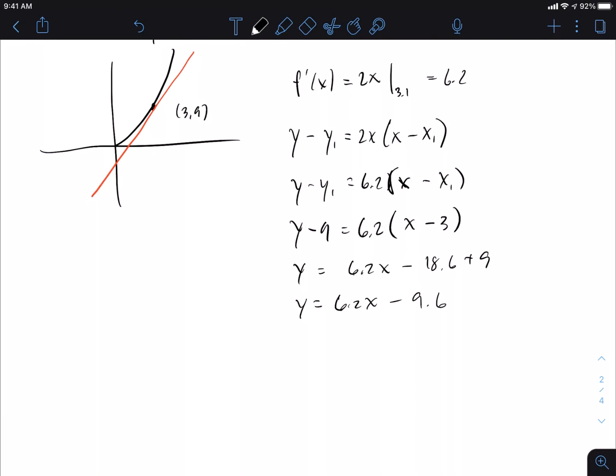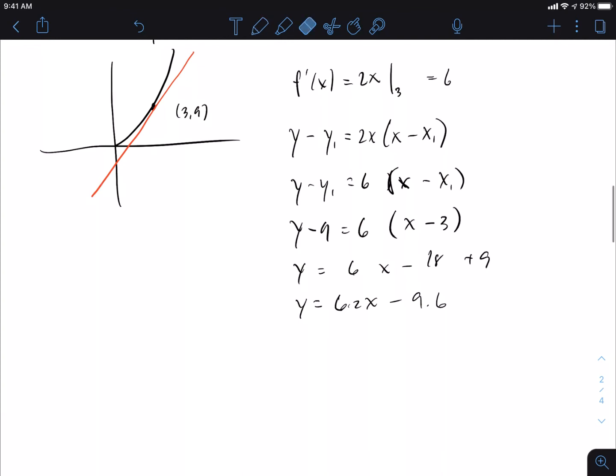Yeah, it's great. Okay. If I plug in 3.1 into this, oh no, I'm sorry. This is just at 3. So this should just be 6. I'm sorry, guys. This will be 18.